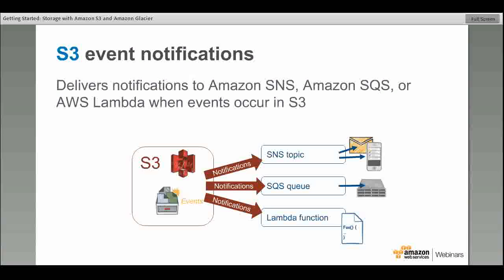The Simple Notification Service for notifications, SQS, or Simple Queue Service, which then allows you to pick up the message by a compute worker and process it, or Lambda, our event-based computing service, which allows you to run simple computing jobs without provisioning any infrastructure and paying only for what you use.